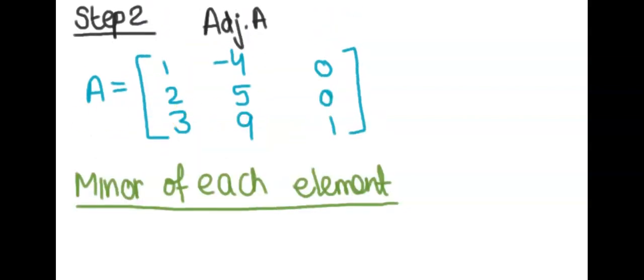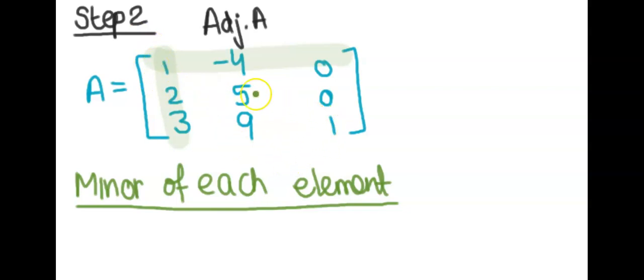What you do is first I need to find the minor of 1. When I find the minor of 1, this is what I will do. I will hide that one and that one. I'm not going to write 1. This is the minor. But when I do the matrix, if I say, can you pick where is one? You will ask me which one we're talking about. Are you talking about the top one here, or the bottom one here?